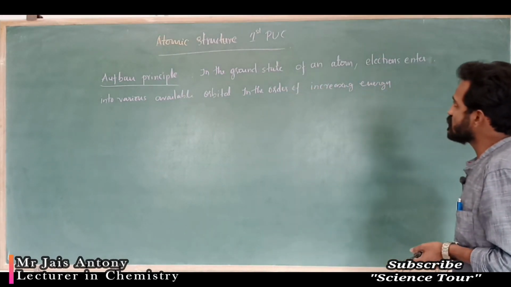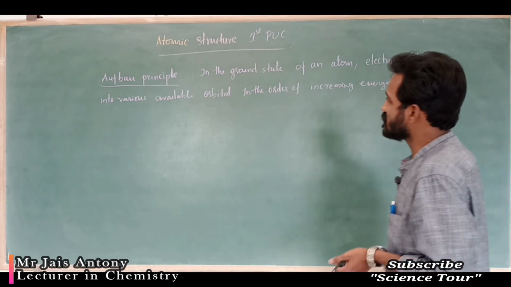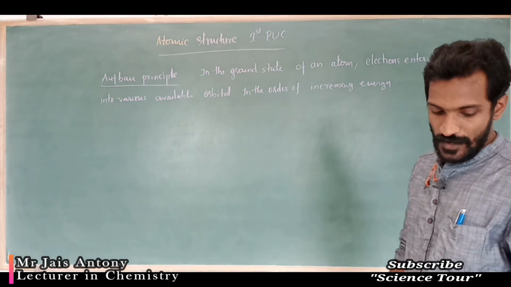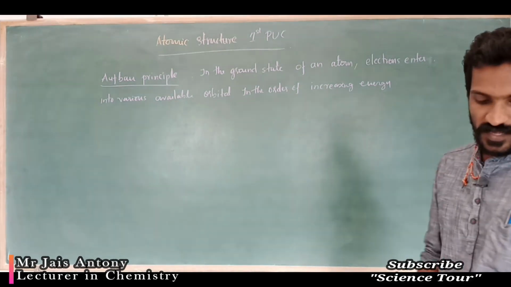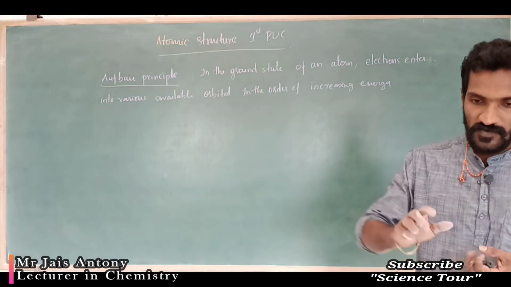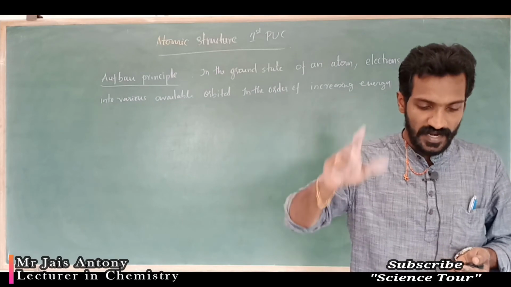In the ground state of an atom, electrons enter into various orbitals in the order of increasing energy. That means the lower energy orbital fills first, then the higher energy orbitals, like that.